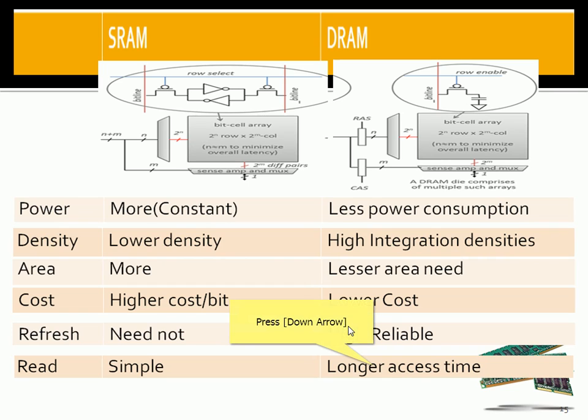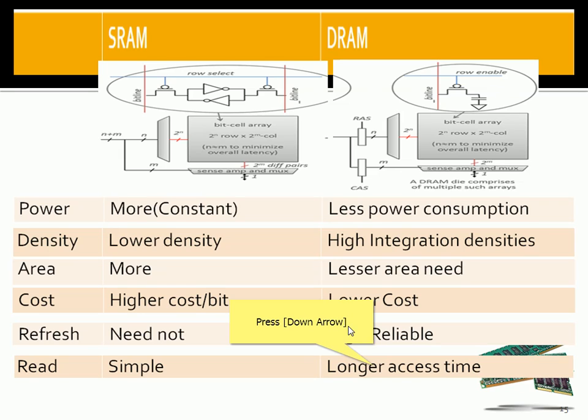The reading operation is very simple in SRAM, whereas a longer access time is essential for reading with DRAM. So from these points we can differentiate SRAM and DRAM: power, density of memory cells, size of the chip, and also cost.